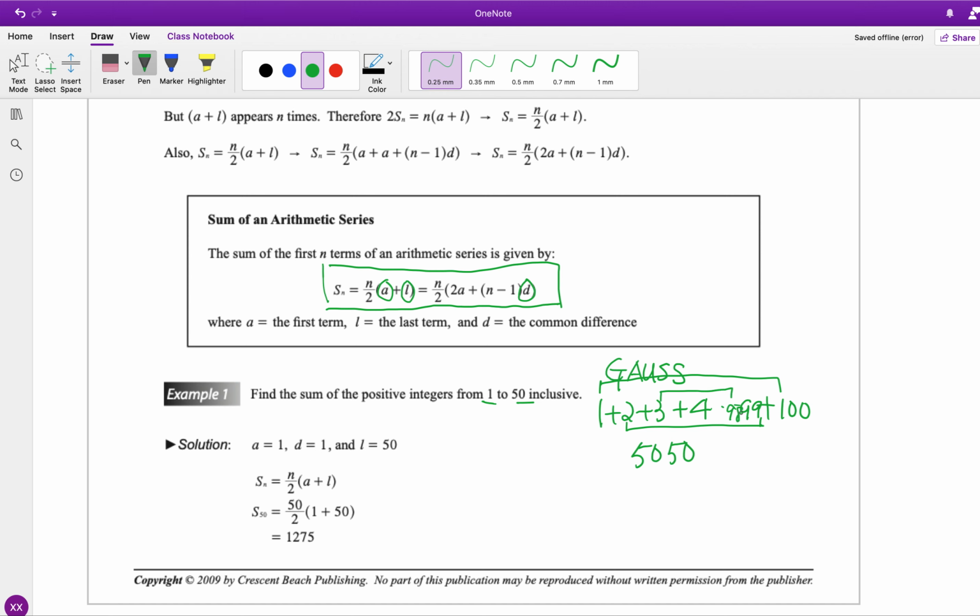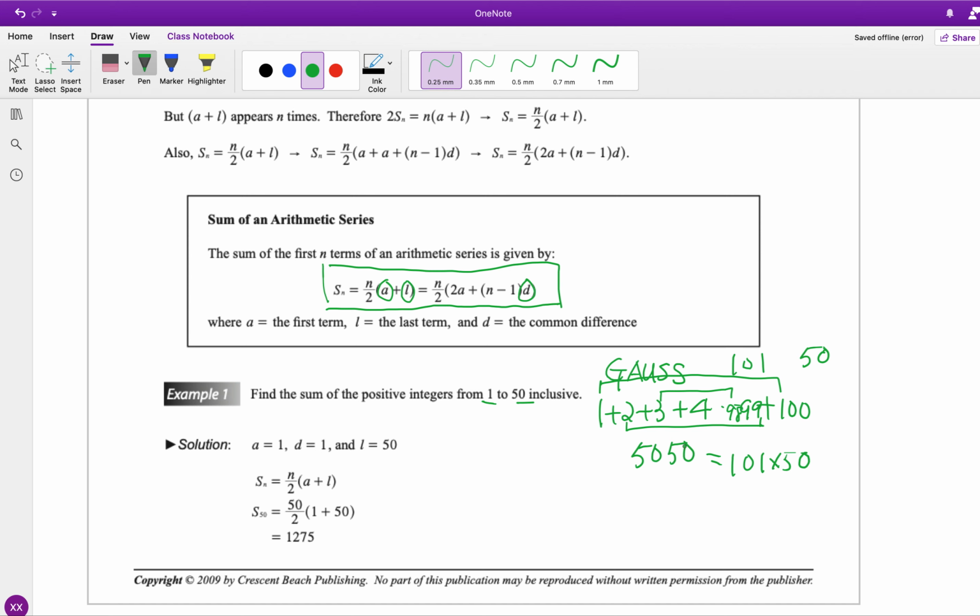Every pair gave me 101. How many 101s are there? 50. So you just use 101 multiplied by 50, and that is your 5050. Look at how genius this is.